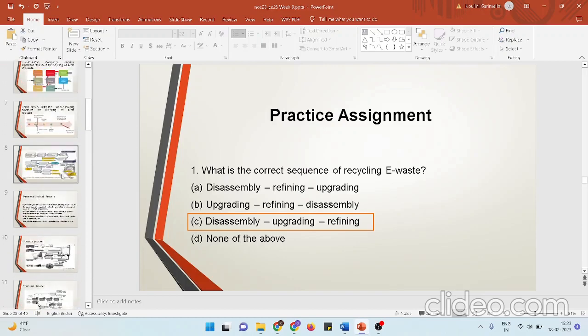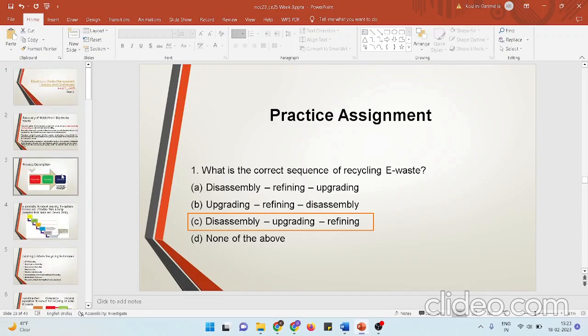Disassembly is okay. I mean, you're taking a machine apart. Upgrading, okay.